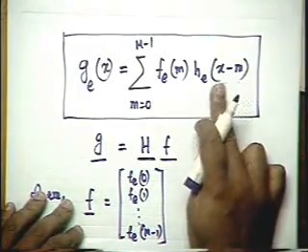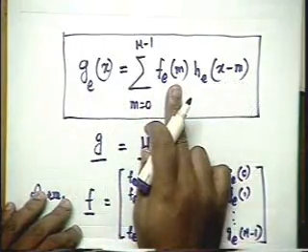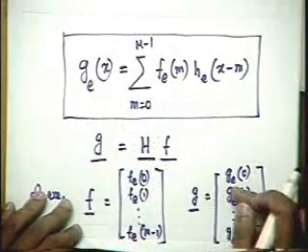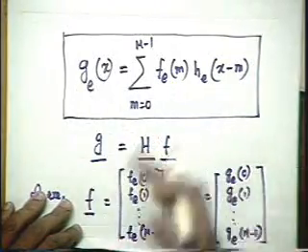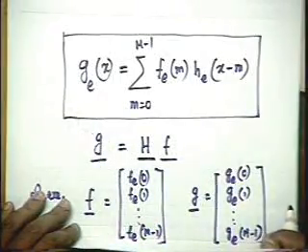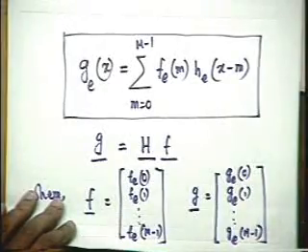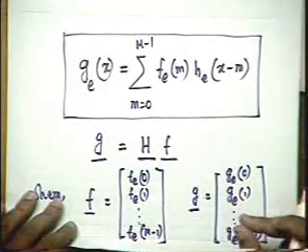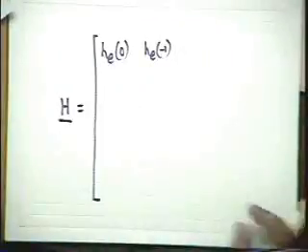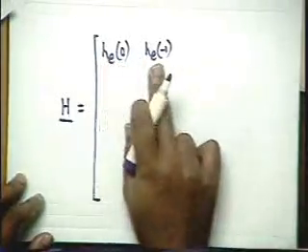The function is f(x), a one-dimensional function, and its corresponding degraded function is g(x). So the extended function is f_e(x), and the extended degraded function is g_e(x). So it is h_e(x minus m), with only one argument in terms of x. So the elements of this H matrix will be, for the first row, h_e(minus 1).